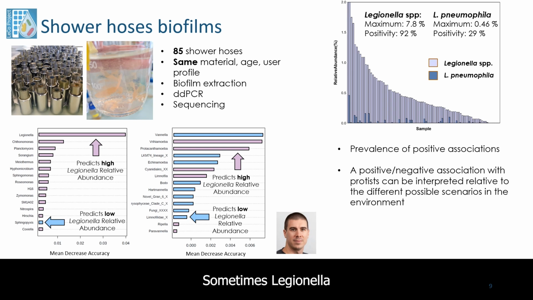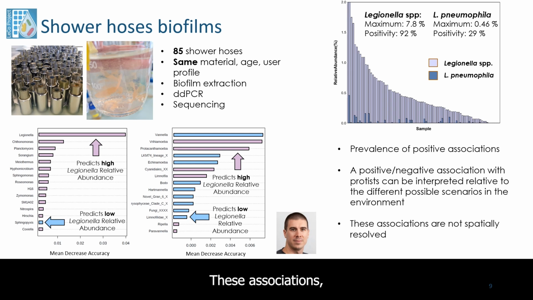Sometimes Legionella is digested by the protist, sometimes they replicate inside the protist and then they are released in the environment, sometimes they just seek protection with no replication, and so nothing really happens. So the different outcomes in terms of predictive abundance can be due to these different possible scenarios in the environment.